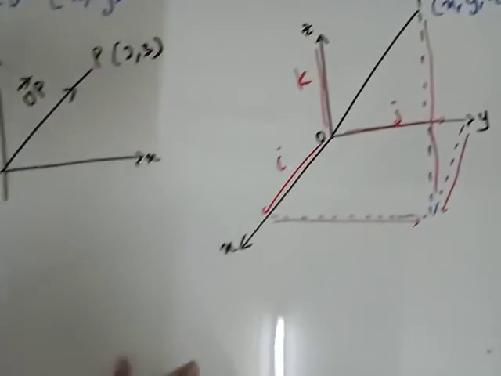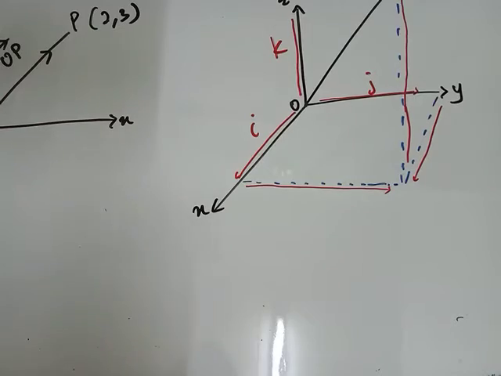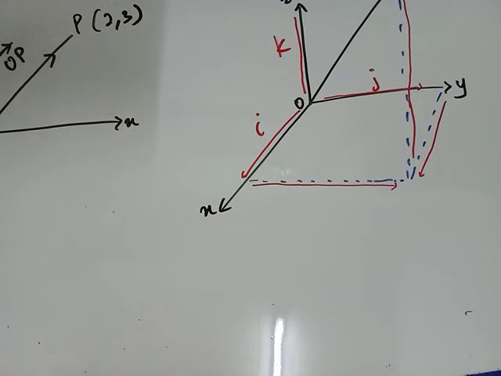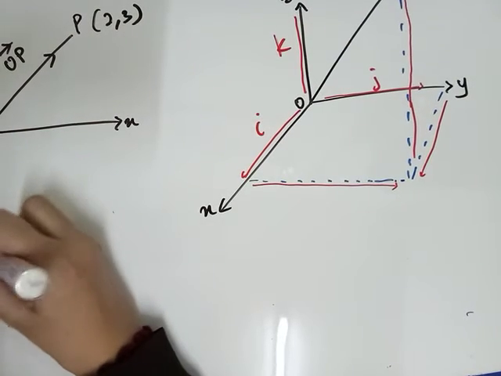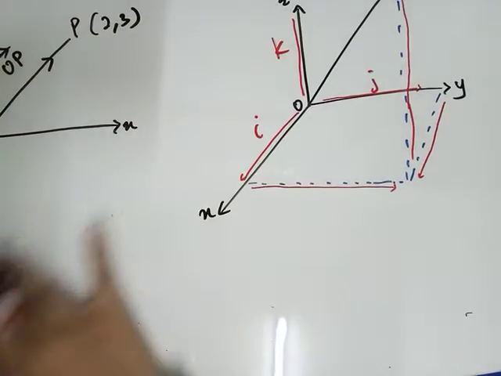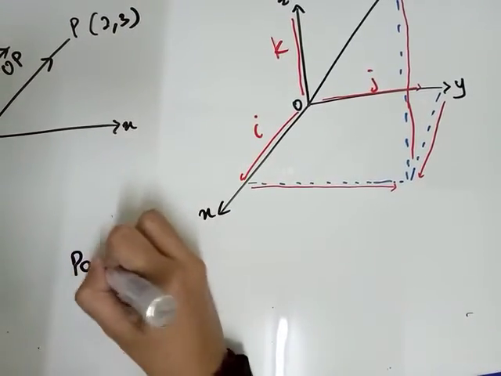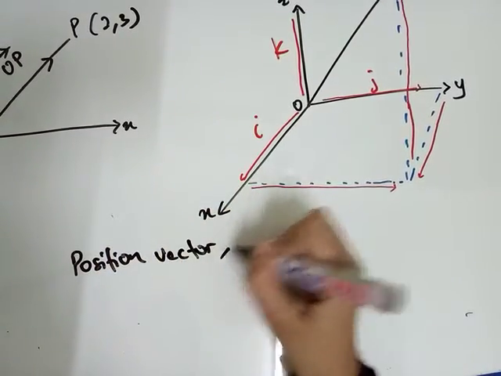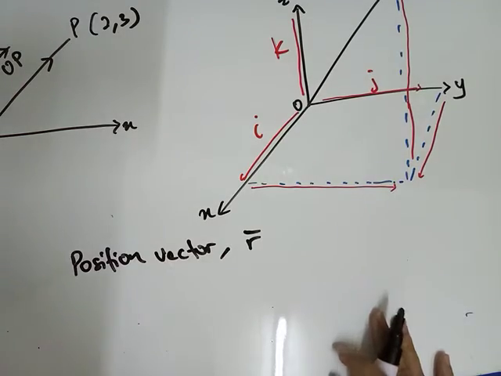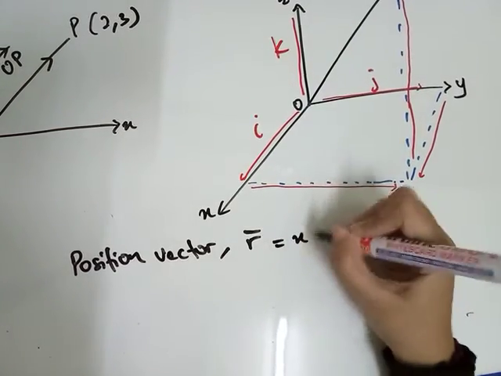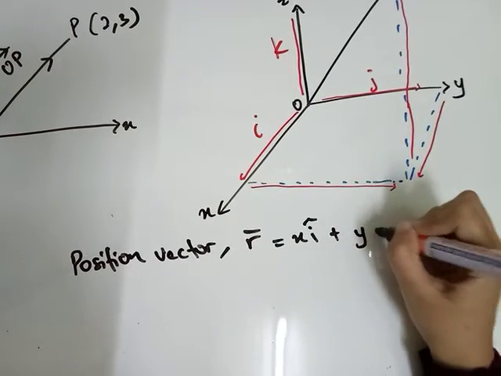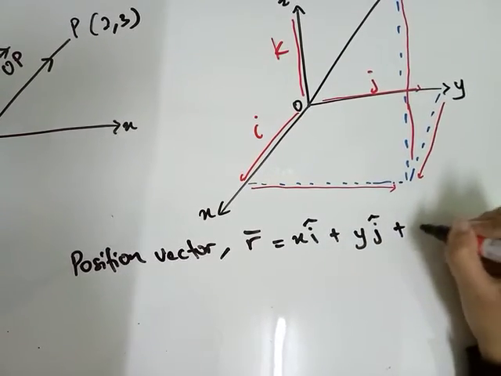Okay, what are i, j, k? i, j, k are the position vectors for x, y and z. If you look at the notes, 2.5, page 22. Okay, position vector is denoted as vector r, and it can be written as xi plus yj plus zk.